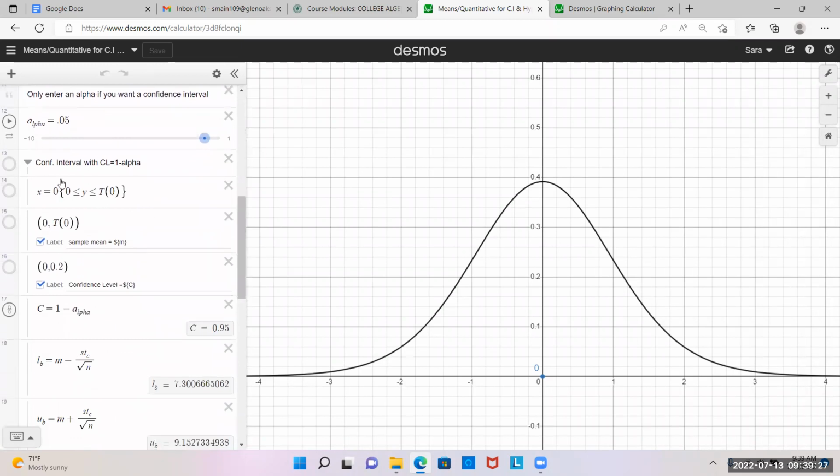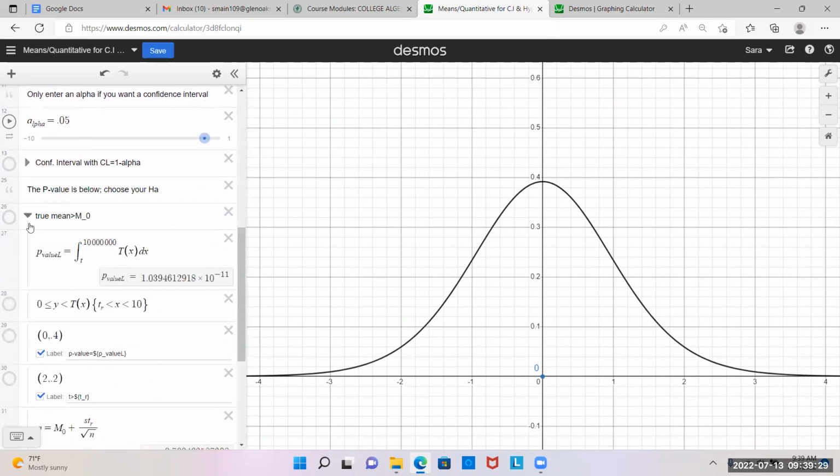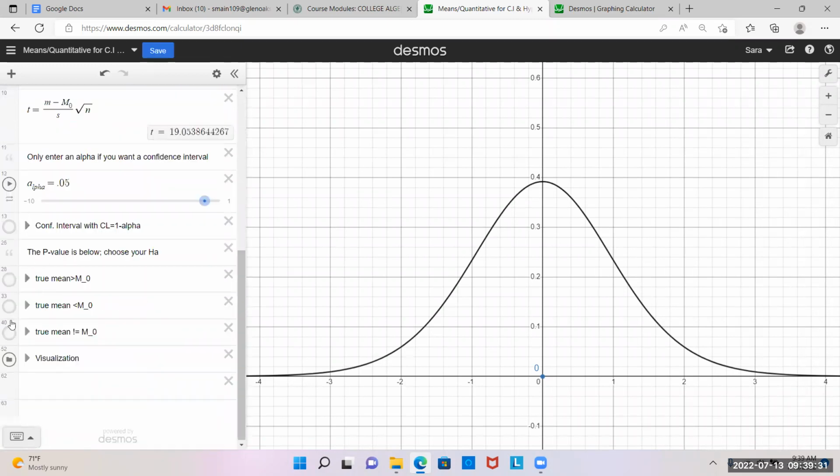But now instead of the confidence interval, we're going to be looking at right here where I've got my mouse. We're either going to be looking at the true mean is greater than 0, the true mean is less than 0, or the true mean is not equal to 0. Okay, and you can see here where my graph is changing on these.